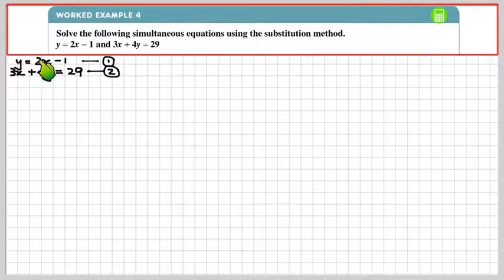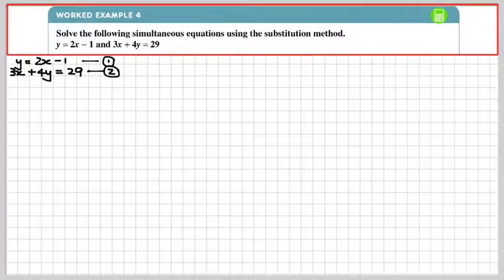Then you've got an equation in just x's, which you can solve for x. That's the procedure. Once you get an actual number for x, then you substitute that number back in either of these equations and then you can find the other one, the y. I'll show you.